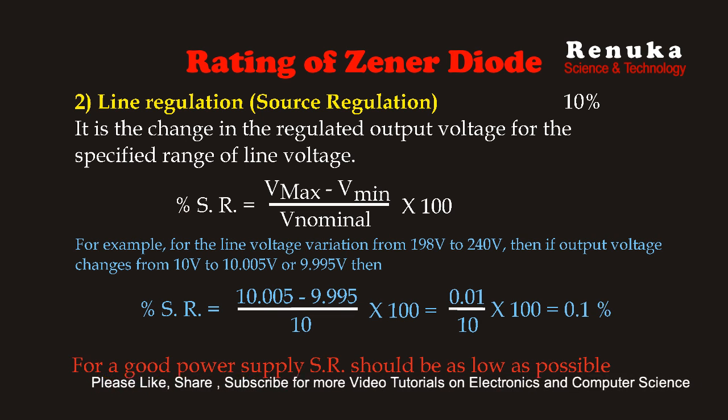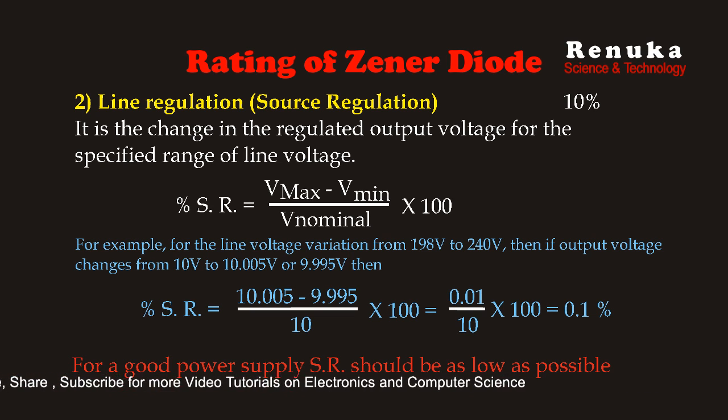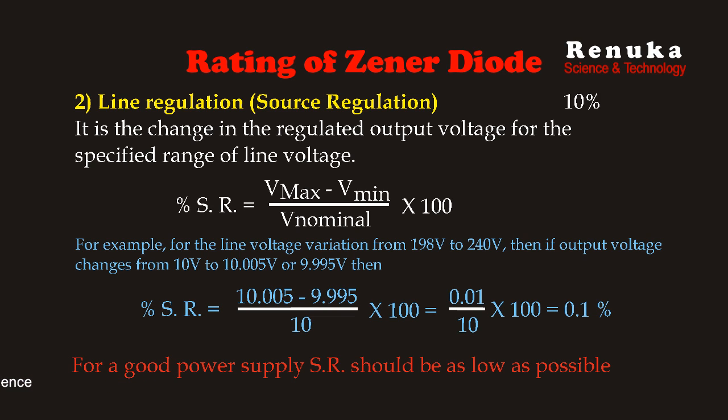For example, if we are designing a Zener regulator for 9 volt, then 9 volt will be the nominal voltage. Using this formula, we can calculate the source regulation. For a good power supply, source regulation should be as low as possible. So these are the definitions regarding load regulation and line regulation.